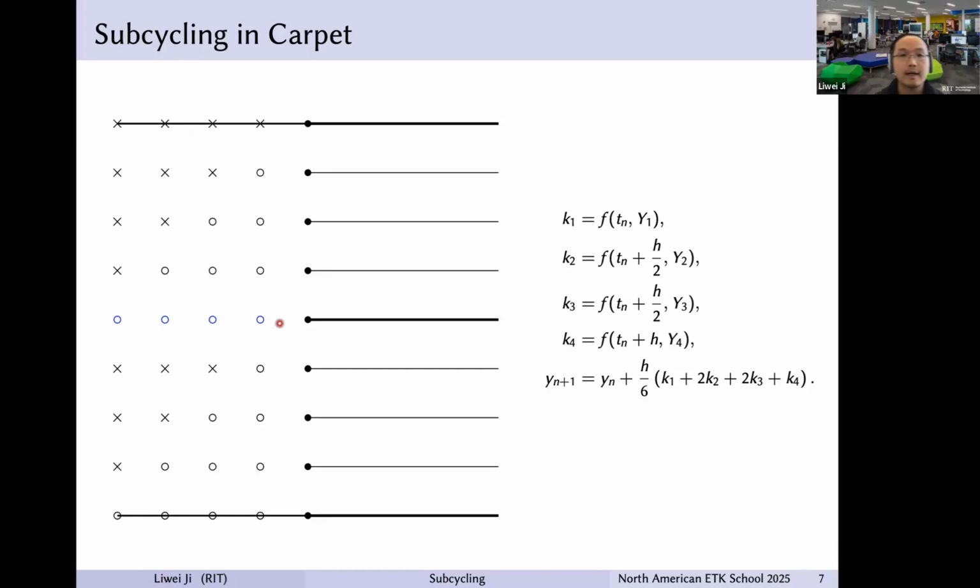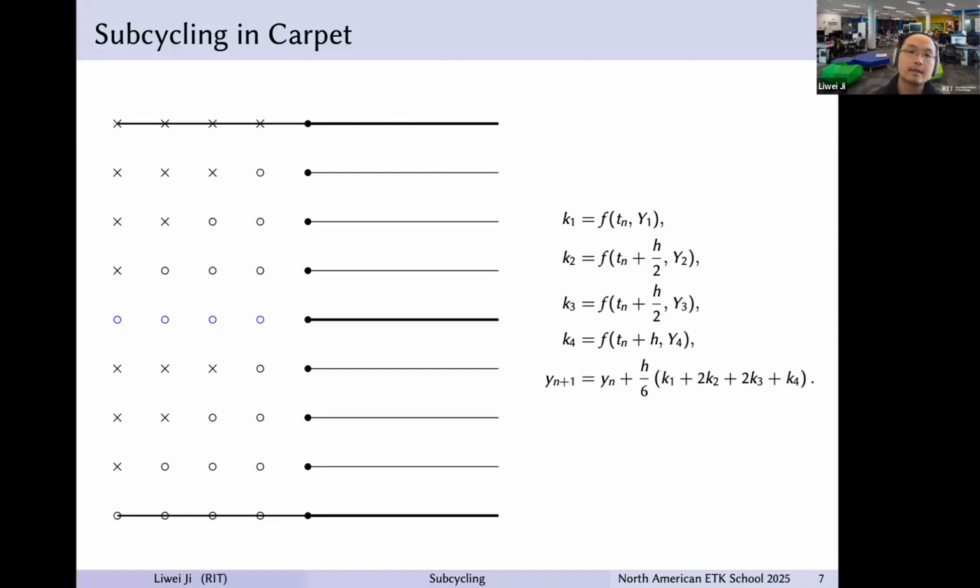Then we can use the same pattern to get the K4 for the boundary point of the fine level. Then we have all the information we need to actually get the function value at this time slice.